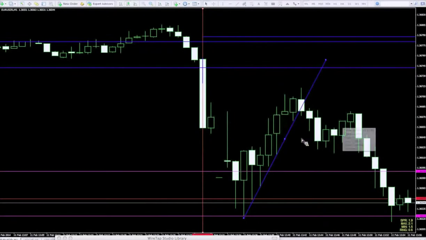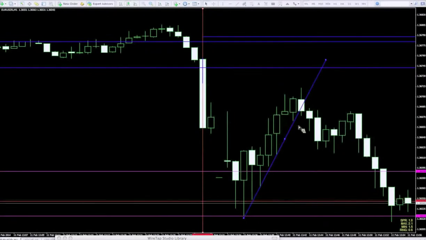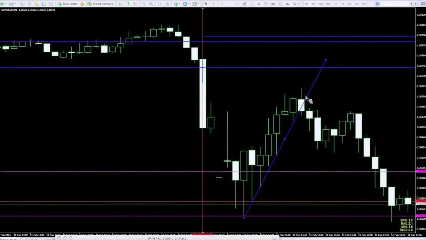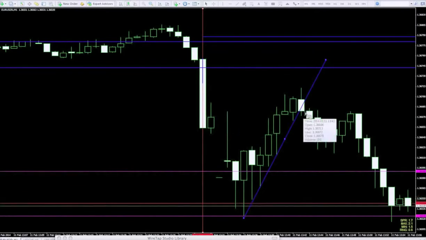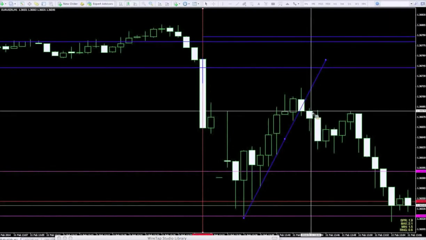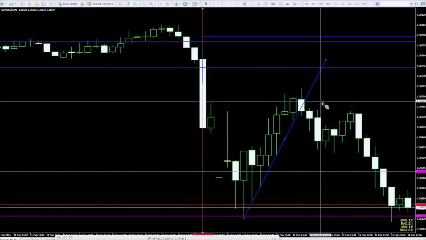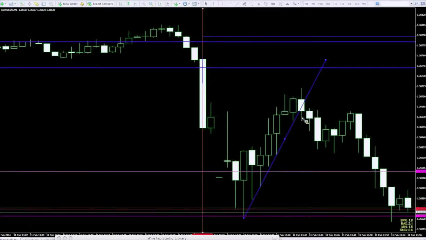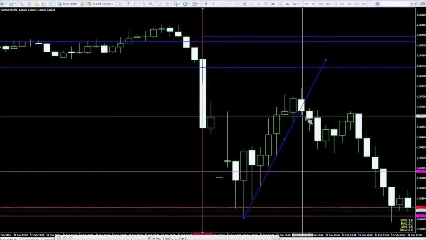Okay, so I'm using these pullback candles as a method of trade entry. And once we break this trend line, my basic entry would be at the open of the candle after the trend line break. The conservative entry would be one tick below the low of the candle that broke the trend line.